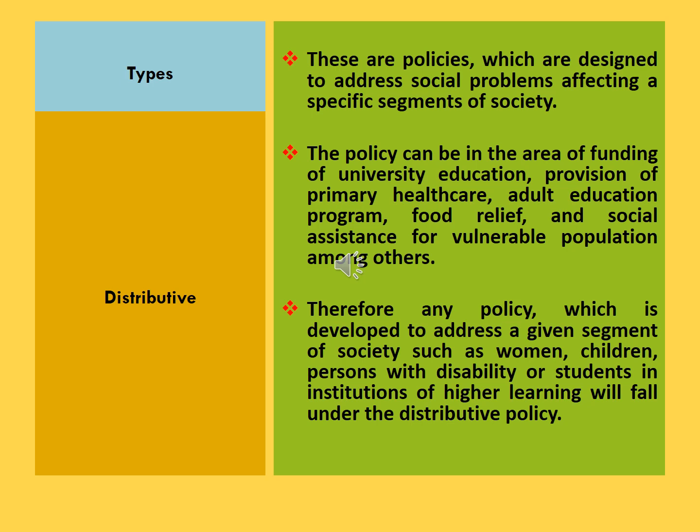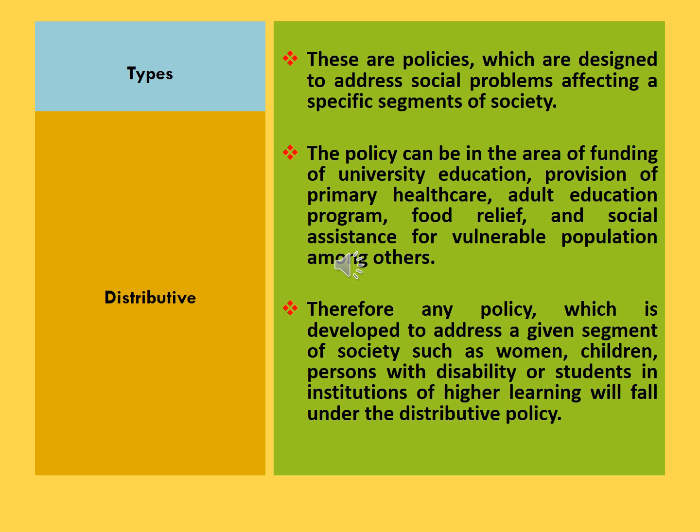For example, we have policies that talk about admission of students within the university, and these policies provide certain preferential treatment to students from marginalized communities and arid and semi-arid areas.